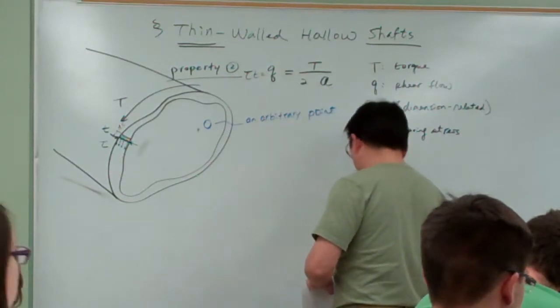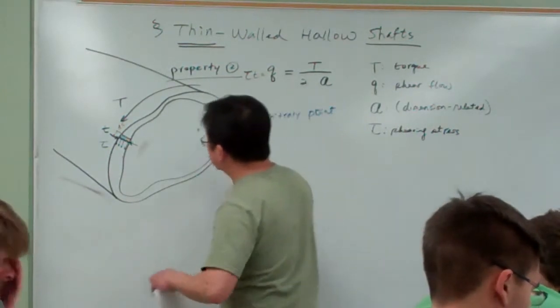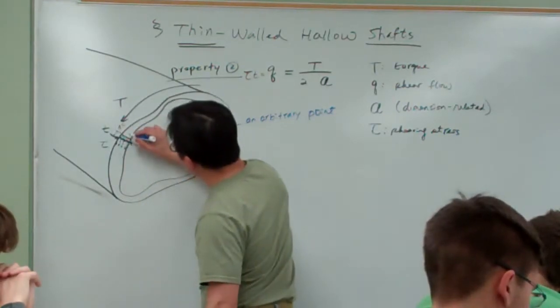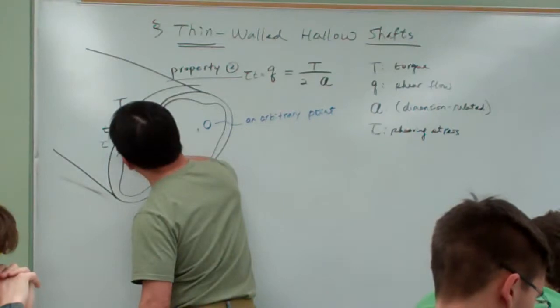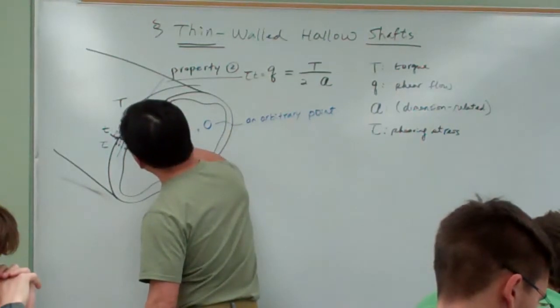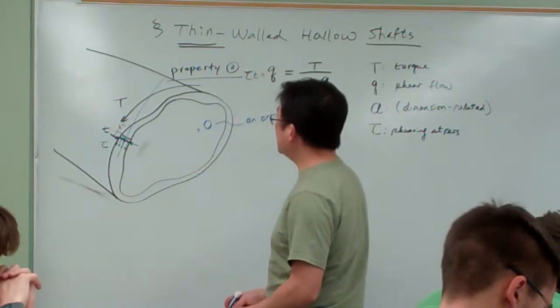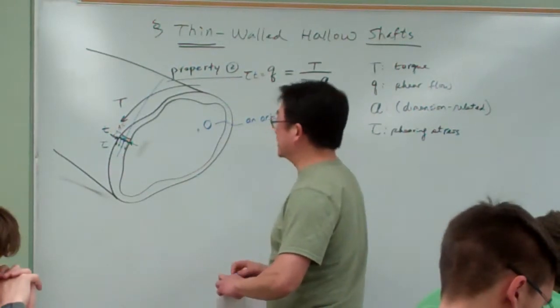So here I can find along this local point, I normal to the thickness, I draw the normal line here. So this is the normal line. Okay. So the small torque.